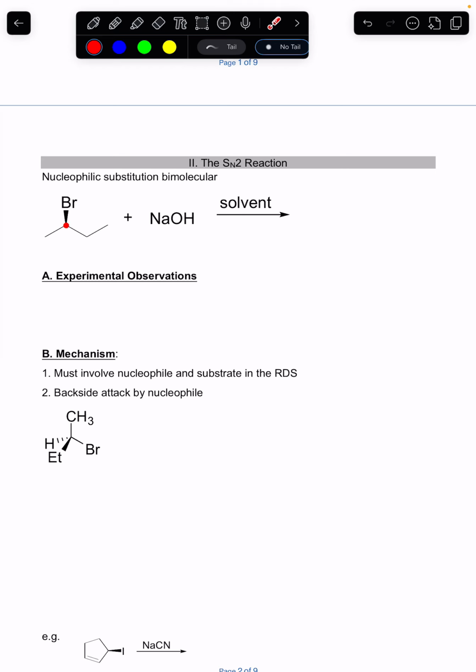On the left, we have the electrophilic substrate, and this is electrophilic because the bromine is electron withdrawing. It's partially negative, which makes the carbon that it's attached to partially positive, and so for that reason this is electrophilic, at least that carbon is.